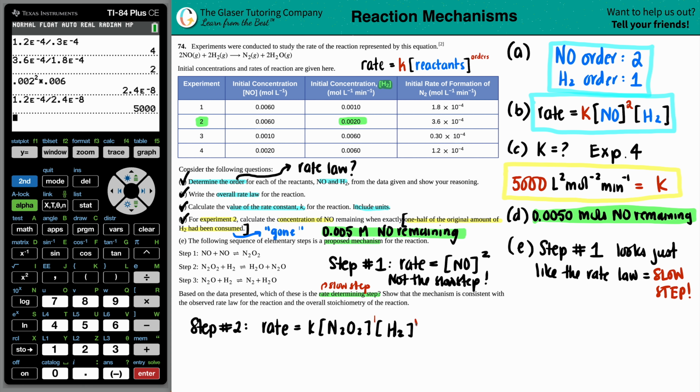So this would be raised to the first and this would be raised to the first. Now I say to myself, does this match this? Well, not at the moment. But now there's another little thing to talk about here, is that if you have intermediates in the rate law, you need to cancel them out.